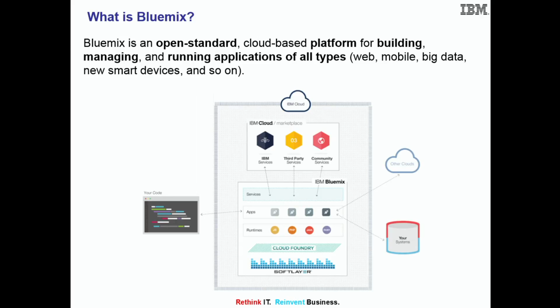Typically, these services can be databases, messaging systems, analytics. The services in the catalog are divided between IBM provided services, like IBM Analytics or Watson services, third-party services like SendGrid or BlazeMeter, for instance, and community or open software services like MongoDB, RabbitMQ, etc.